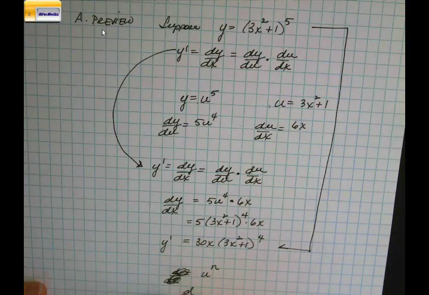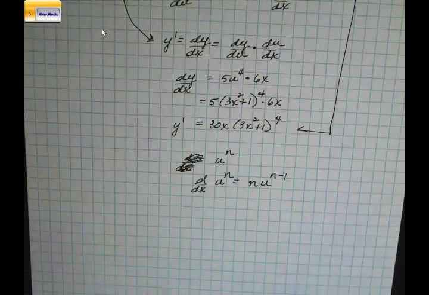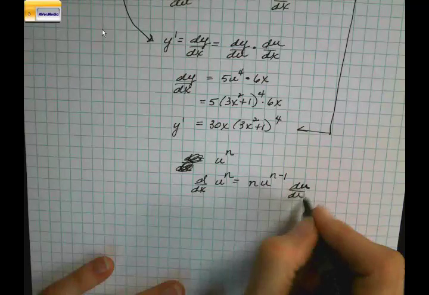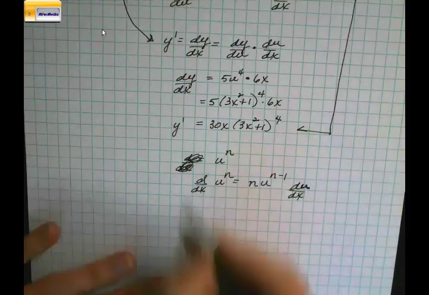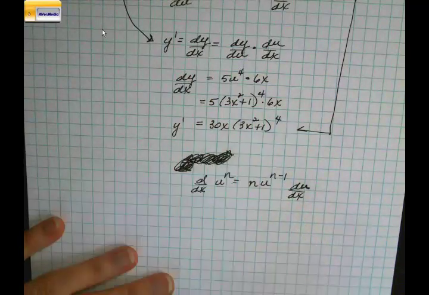If you have d dx of u to the nth power, it equals n times u to the n minus 1. We've already done this, right? Where you pull the power out front and then you decrease the power by 1. But then you have to take the du dx because you threw x and you threw this new u variable into the picture.